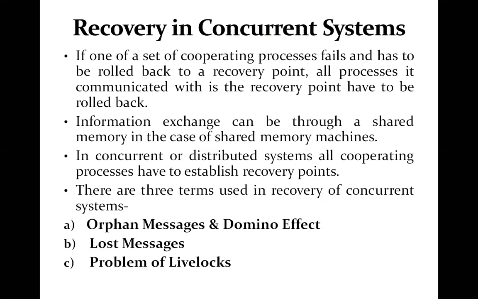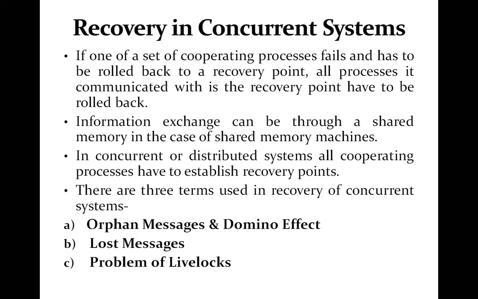So just to undo that effect which is caused by the failed process at an active process, the active process must also roll back to its earlier state. Therefore, in a concurrent system, all the cooperating processes need to establish a recovery point.